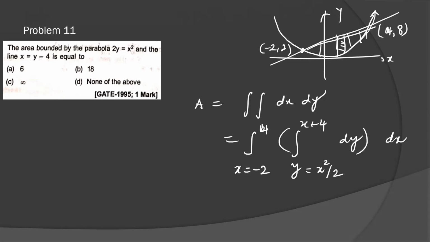So this is the required area for the given problem. Now if you simplify, you will get this integration is equal to 18 square unit. So B option is correct.